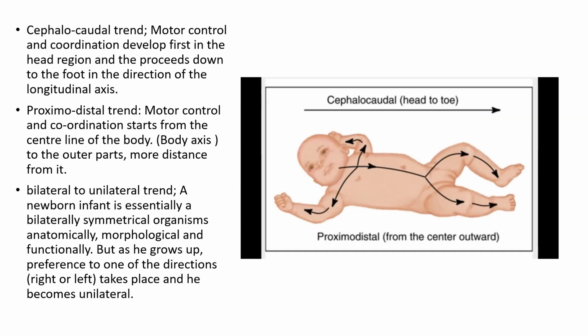The third principle is the cephalocaudal trend. That is about motor control and coordination developing first in the head region and then proceeding down to the foot, in the direction of the longitudinal axis. When a baby is born, they gain control over their head first. They will turn their head towards the places where they hear a sound.